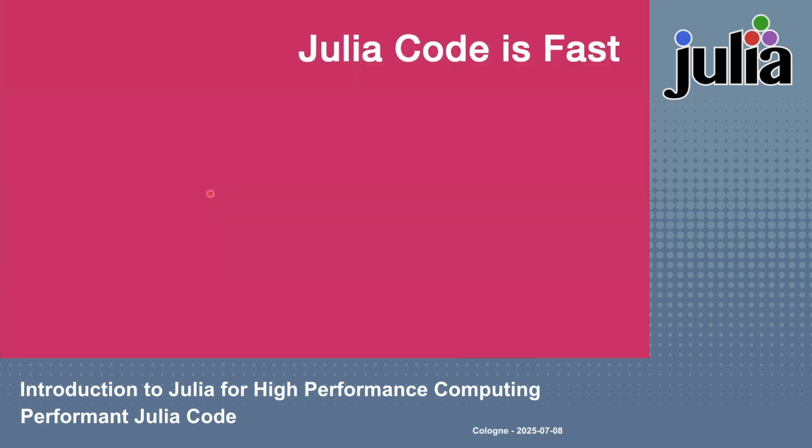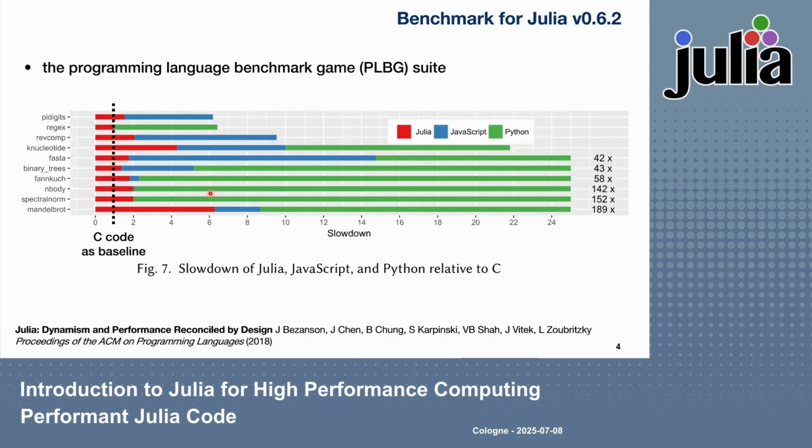So first topic first, Julia code is fast. Actually, performance has been a key feature of Julia from the very beginning. Let's look at the benchmark for Julia 0.6. I'm a scientist, so I'm always citing scientific papers. This is a key paper published, I'm not sure, 6-7 years ago.